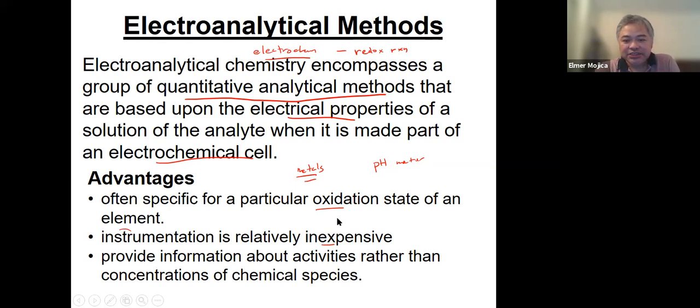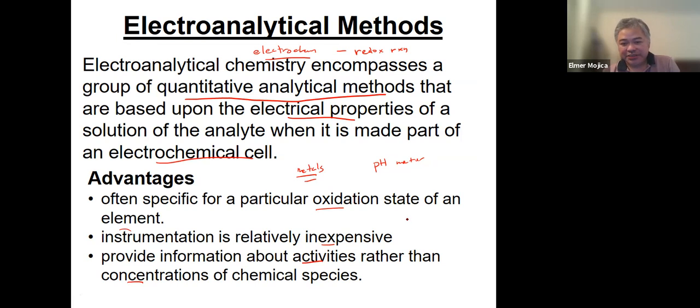And the thing that you look at here is that it doesn't really measure the concentration. What it measures are the activities. It provides information about the activities rather than the concentration of the chemical species. Now, usually, what's the relationship of activities with concentration?